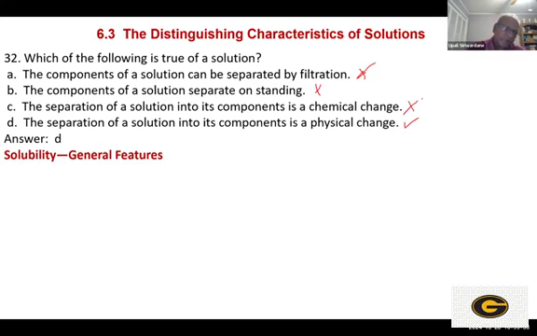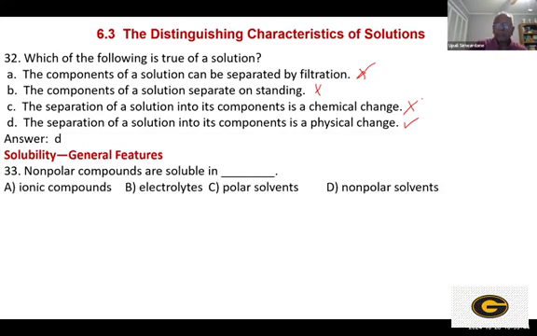Let's look at solubility, general features. Non-polar compounds are soluble in non-polar. That's like dissolves like.